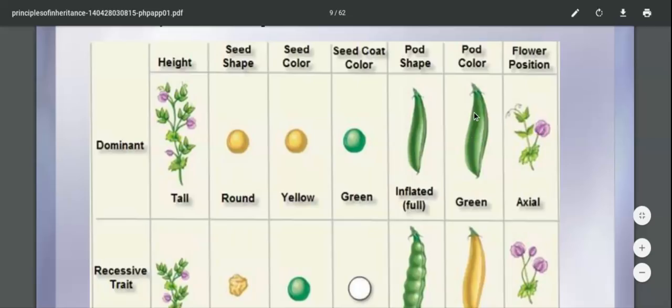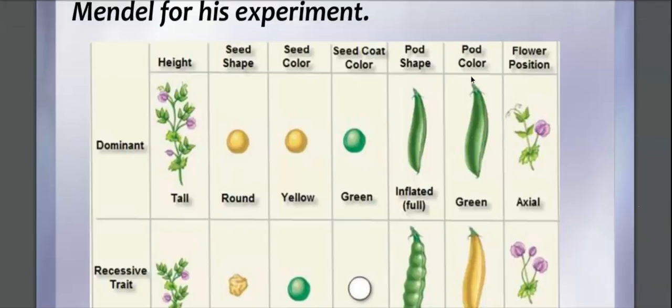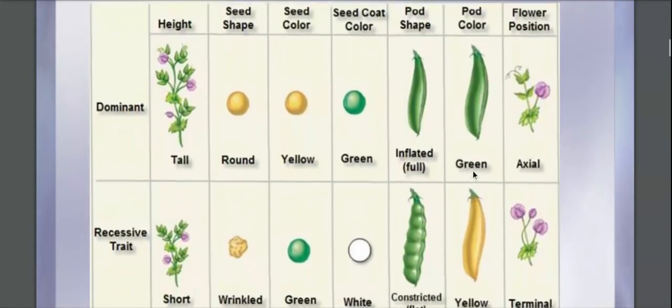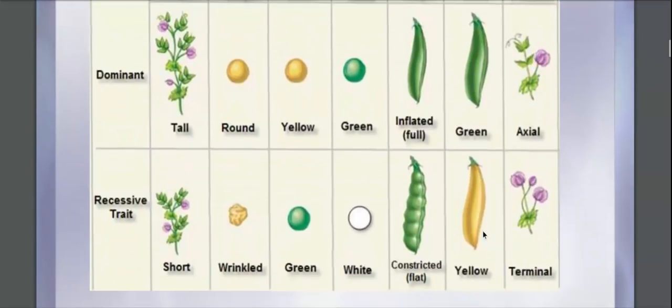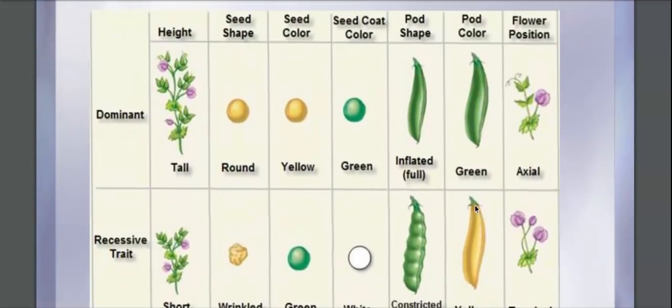So if I ask you the question, pod color, what were the alternating forms for the trait pod color? So your answer would be green pod colored plants and yellow pod colored plants. Now, in these two alternating forms, one of the forms was a dominant trait.